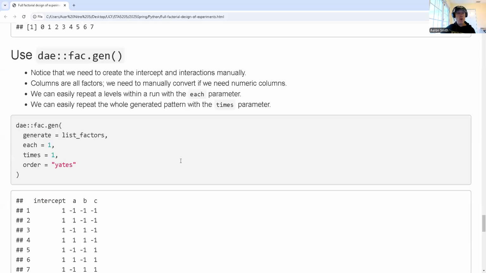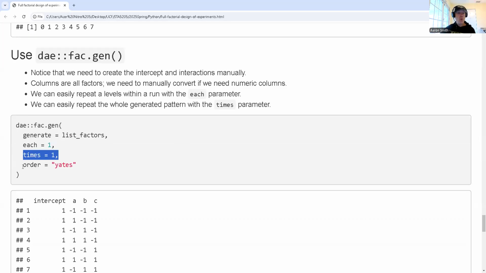Now, we can also use packages that are designed for design of experiments. So the dae, Design and Analysis of Experiments package, has a fac.gen function. And here I give a list of factors. How many times does each distinct combination appear in one run? How many times do I want to have all the runs appearing is the times.